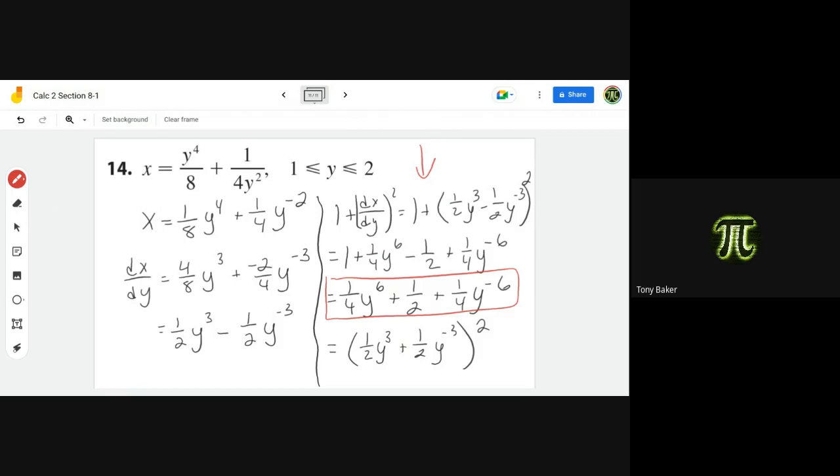So I got 1/4 times y to the 6 plus y to the... You forgot. Okay, so when you foiled, what did you get? I got y to the 6 minus y to the 0 minus y to the 0 plus y to the -6.